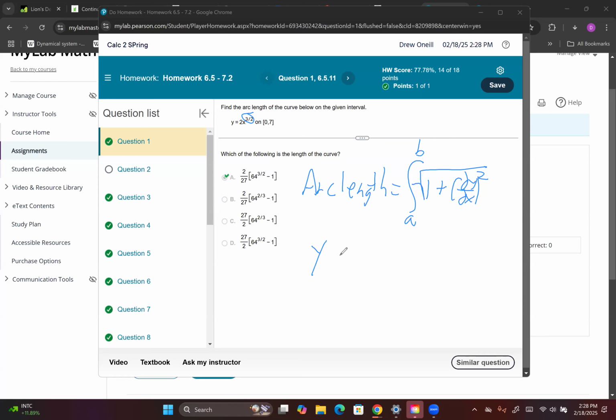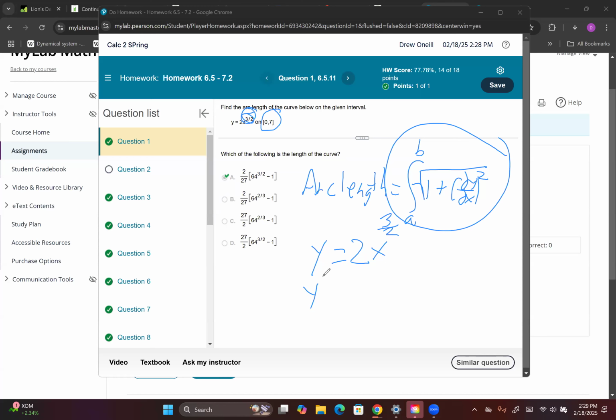So our function y is 2x to the 3 halves. Take the derivative. All this formula says is, if you have the endpoints, which we do right here, we're going to add 1 to the square of the derivative. Again, we're going to ignore the fact that we have annoying exponents, but every problem is going to have those.